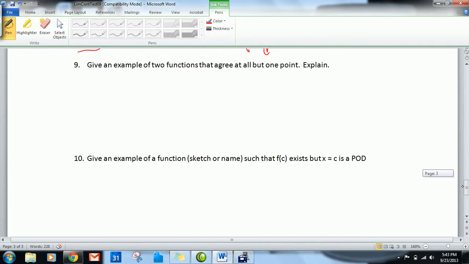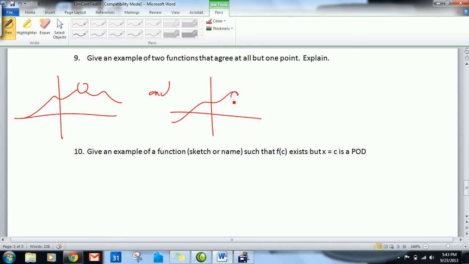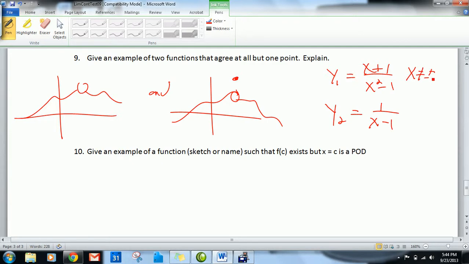How about this one? Two functions agree at all but a point. To get more real, how about y1 equals x plus 1 over x squared minus 1, and the other function is the simplified version. What's the difference between these two, y1 and y2? The first one, x cannot be plus or minus 1.